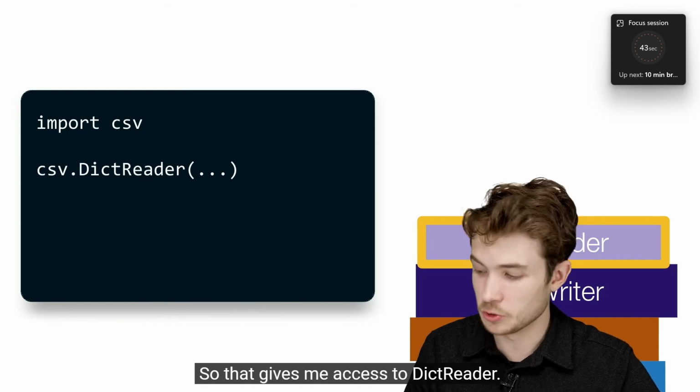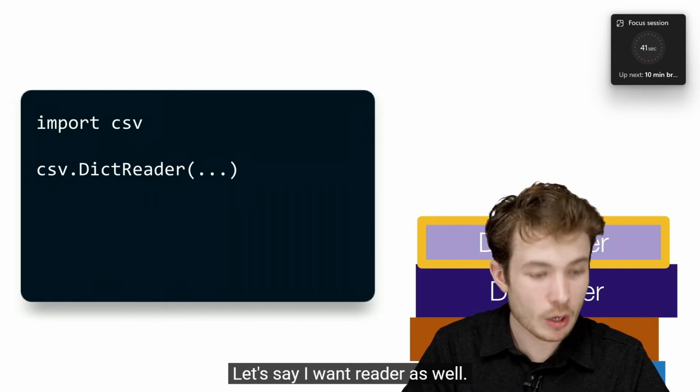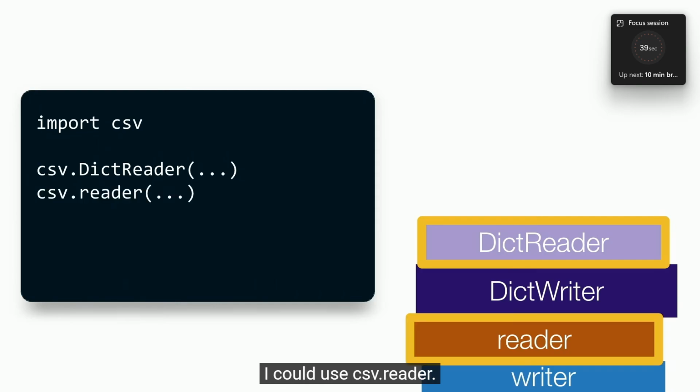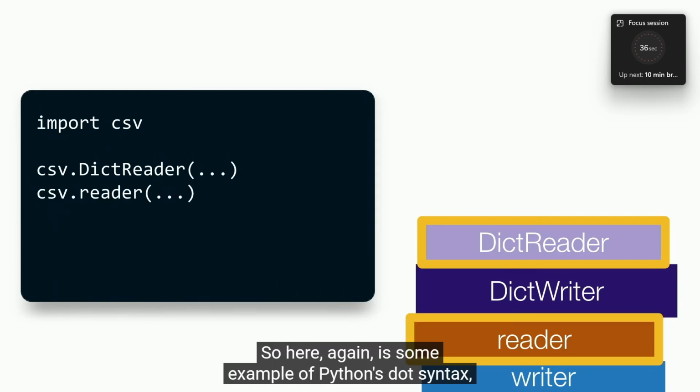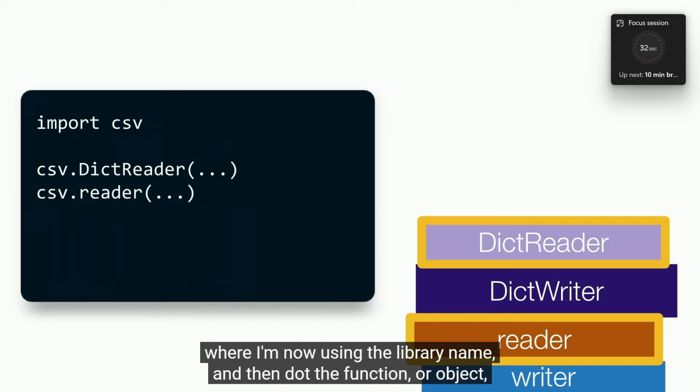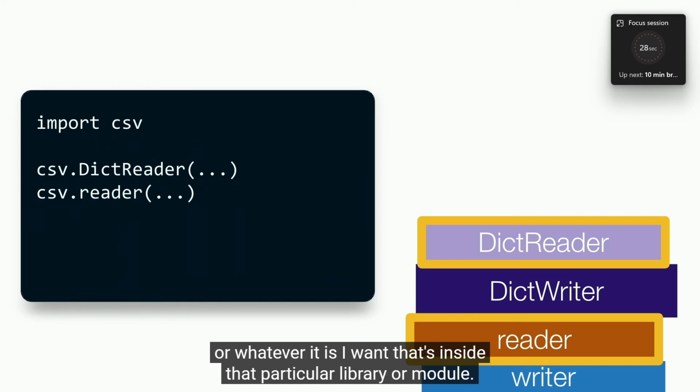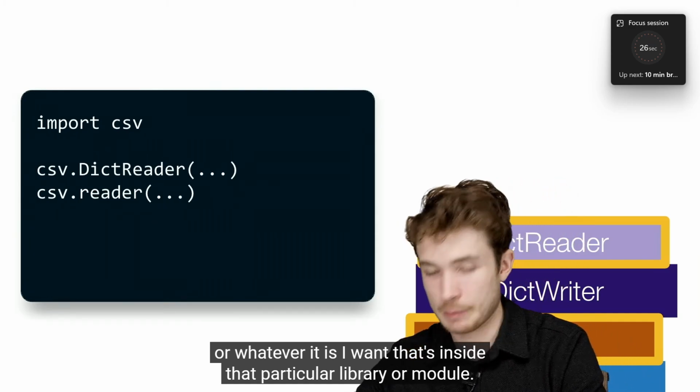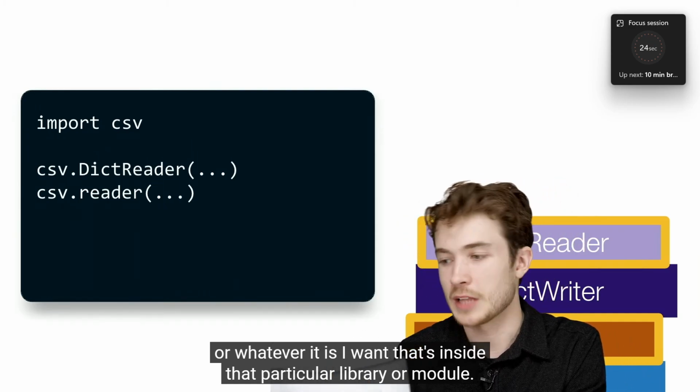So that gives me access to DictReader. Let's say I want reader as well. I could use csv.reader. So here again is some example of Python's dot syntax, where I'm now using the library name and then dot the function or object or whatever it is I want that's inside that particular library or module.